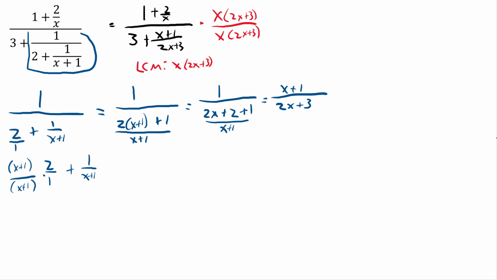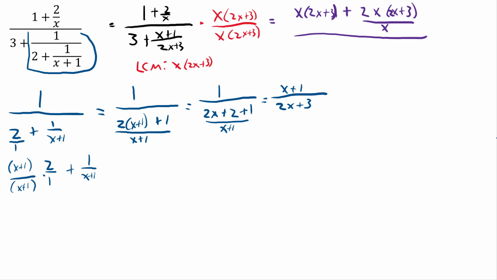So this is going to equal 1 times all of this, which is just going to give us x times 2x plus 3, plus now we have 2 times 2x plus 3. And all of that is over x.